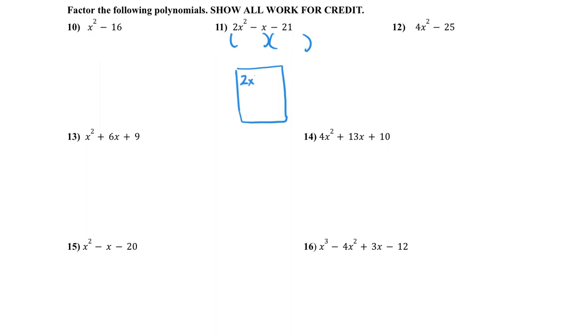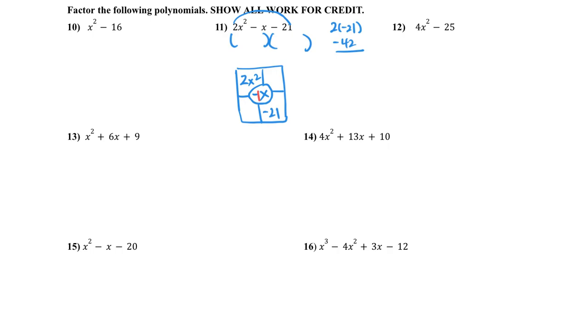So 2x squared minus x minus 21 goes across the diagonal. And then we're looking to split up that middle term so that we can factor out some common factors in each row and column. So remember we had to do a times c, so that is 2 times negative 21, so that's negative 42, and I'm looking for factors of negative 42 that add to negative 1 because of this coefficient right here, the middle term, the b value.